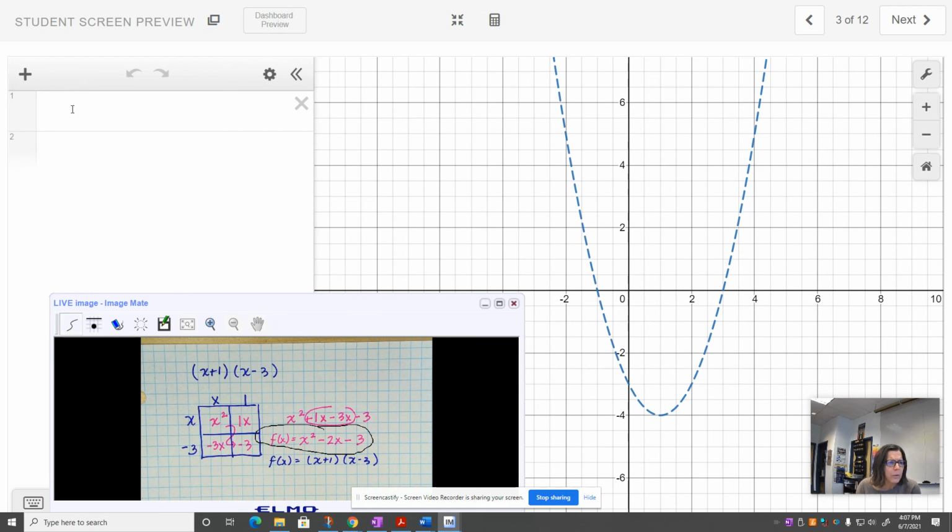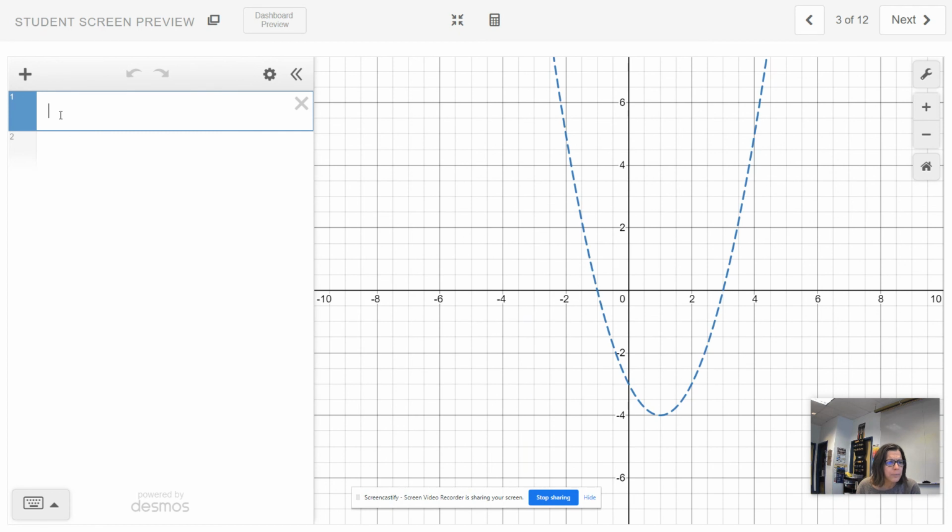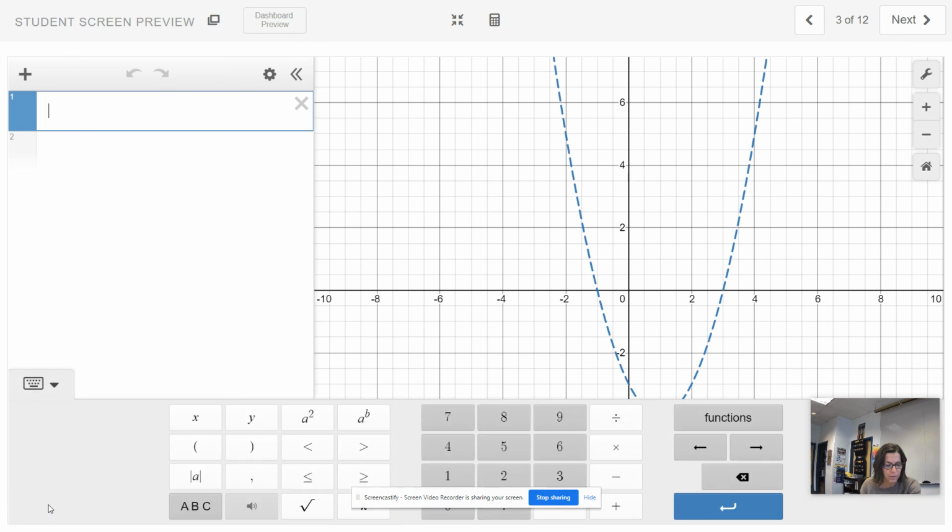Okay, so typing this in, if you get a little bit confused, you can use your keypad. You can also use your actual keyboard. So if you ever think, I don't know how to type that in, go here and you're going to get a lot more choices. You don't need to write y equals, you can just write the expression. Start with an x. Now if you just put a 2 there, it will subscript it and it won't understand. So you can hit shift number 6.